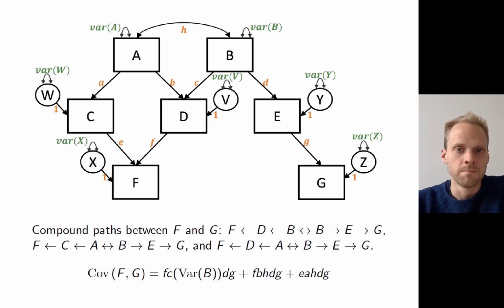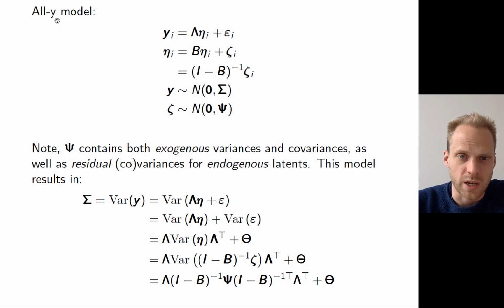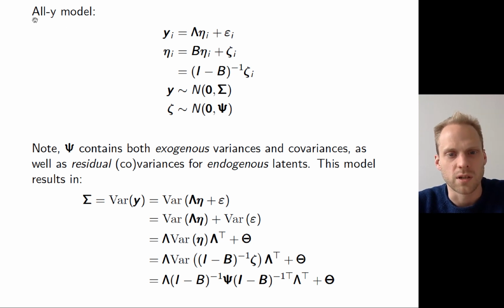Now this is still a bit hard to do for every variable, and there's an even easier way, and that is again by using matrix algebra. So here I define a SEM model, and this is actually known as the all-y SEM model, and that's because I am treating exogenous variables as endogenous variables, which mathematically doesn't really make any difference, but it makes the notation a bit different.